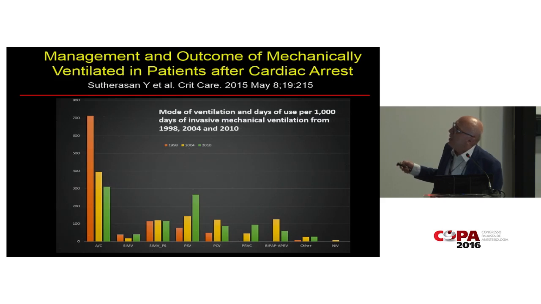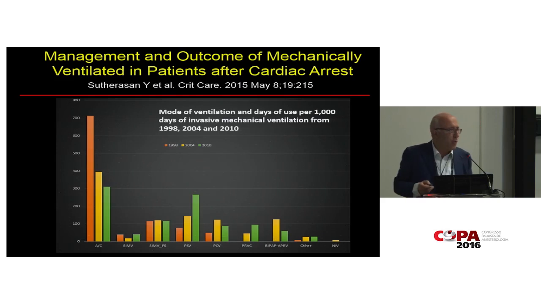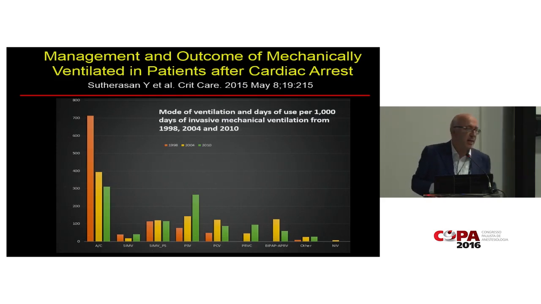This is the trend regarding mechanical ventilation. We are using less and less controlled mechanical ventilation in these patients, except in the first 2 to 3 days, and much more pressure support. Much less of other types of ventilation are used, so more assisted ventilation in these patients after the first few days.